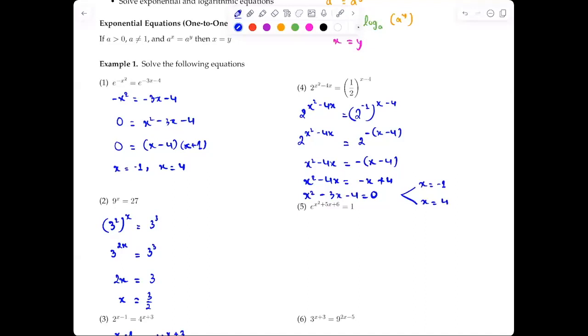All right, so let me cover number 5 as well. So look at the equation and you see that on the left-hand side is base e, on the right-hand side is base 1. How would you turn 1 into e? Right, because you want to make both sides of the equation have the same base.